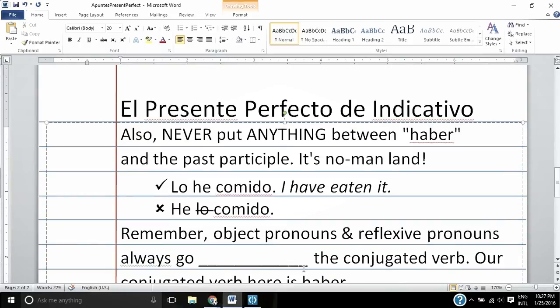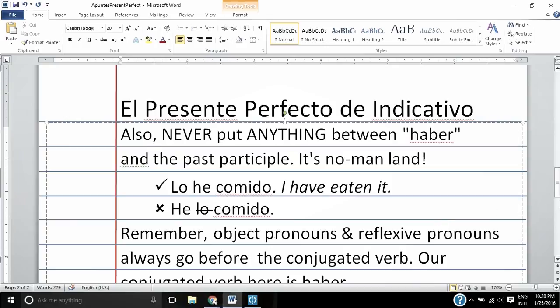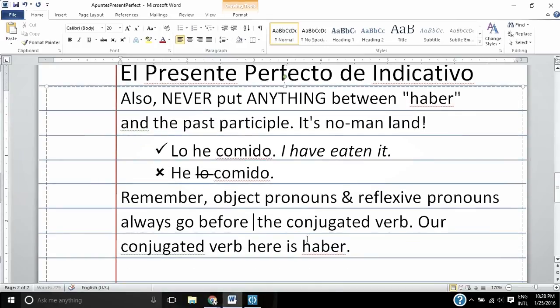Please. Also, remember those pronouns are going to go before the conjugated verb. So remember, the conjugated verb here is haber. So that's why lo went before haber. Do not split up haber and your ado or ido. Think of them as best friends. It's just terribly mean to split them up.